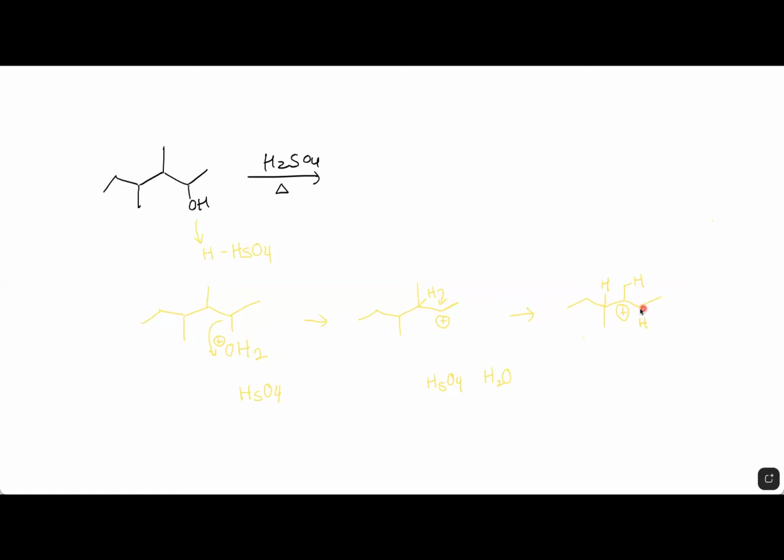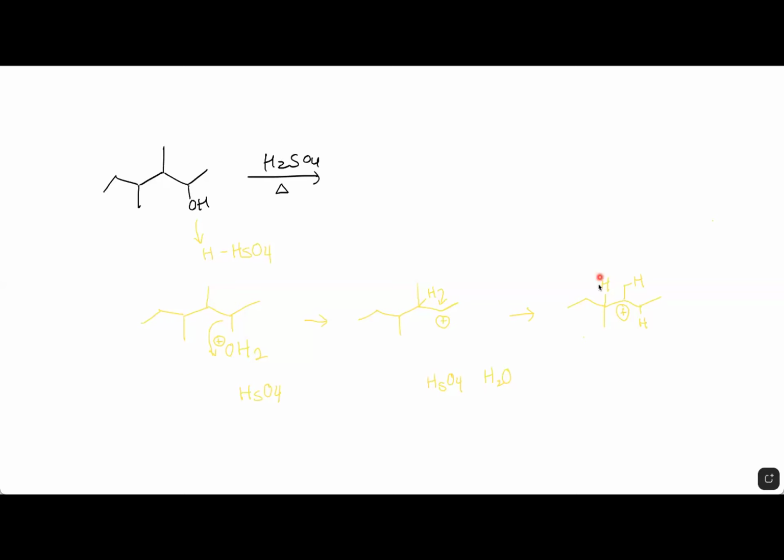Two, one and two. This carbon right here, how many other carbons? One. And how about this one? Three, one, two, three. So this one here is the most substituted.